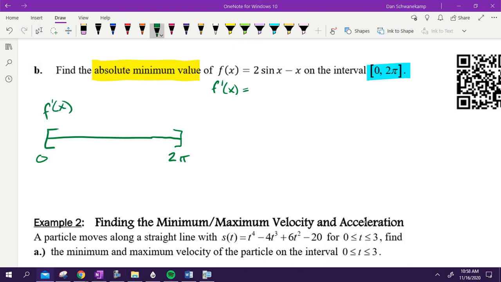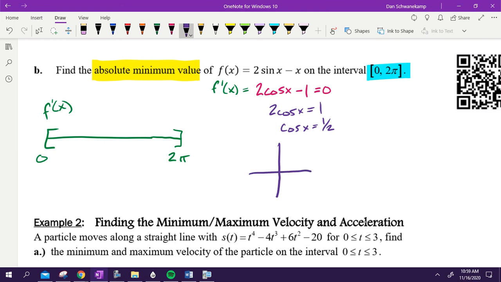Here we go. So we're taking the derivative. Taylor, what's my derivative going to be here? 2 cosine x minus 1. Good. That's her derivative. She's going to take that thing, make it equal to 0. We're going to solve, so we're going to add 1. We're going to divide by 2. And then I'm going to solve that. When is cosine 1/2? Okay, so think about your hand trick here.